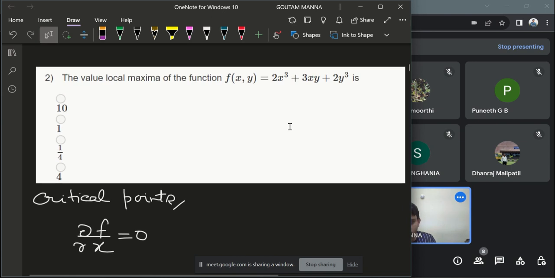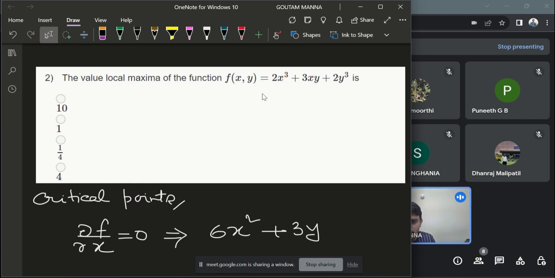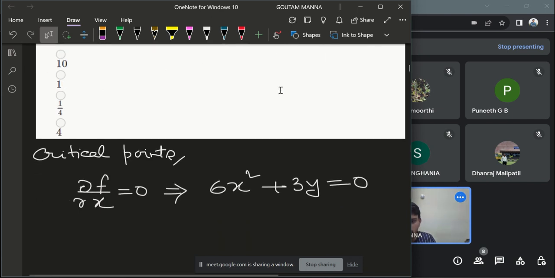So if we do del f del x of this function, it will be 6x square plus 3y equals to 0, which will give y equals to minus 2x square.